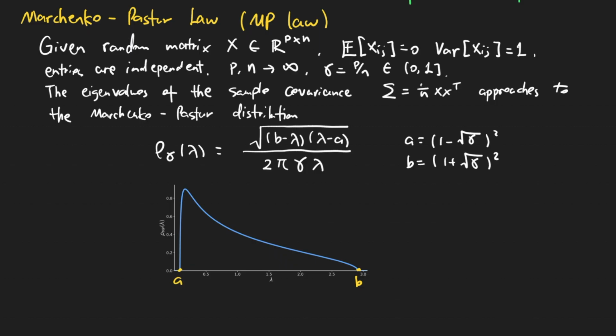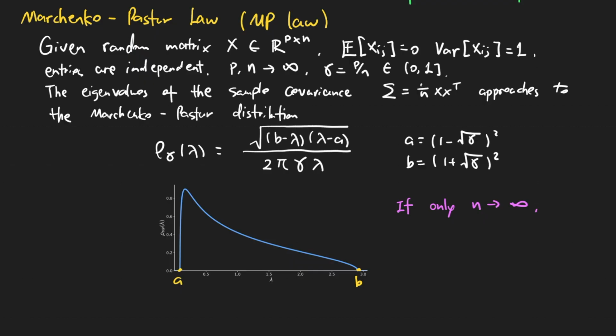Another important thing to keep in mind is that this Marchenko-Pastur distribution only shows up when both P and N go to infinity. In classical statistics, we keep P fixed, the number of features fixed, and only let N go to infinity.